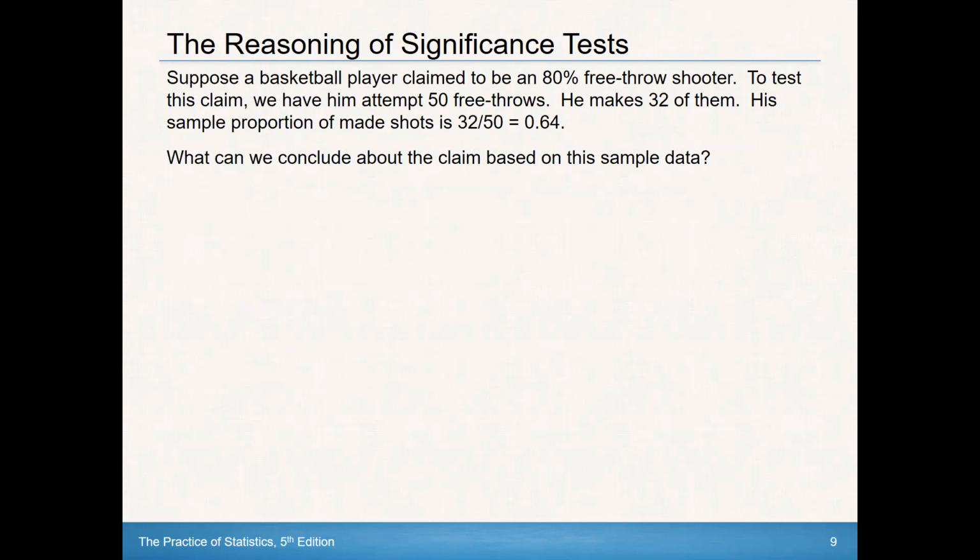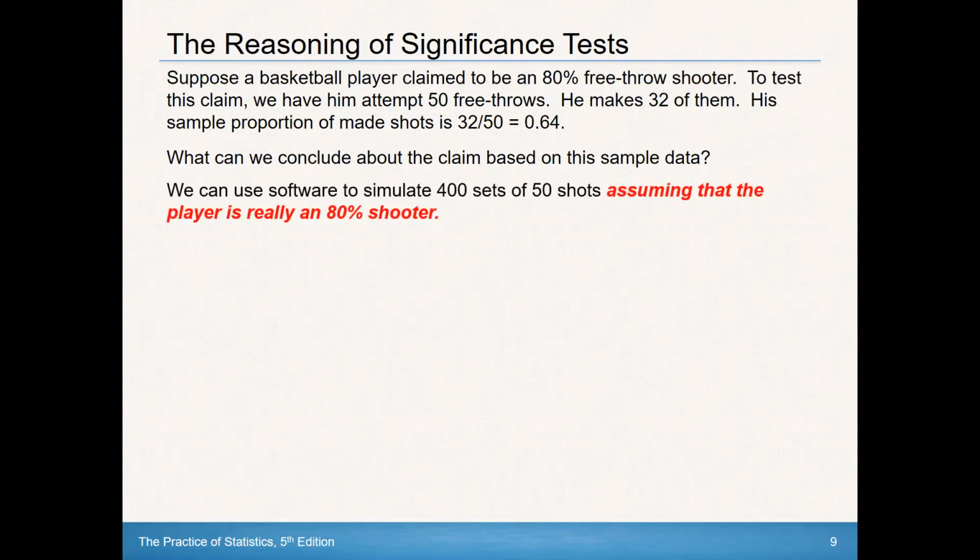What can we conclude about the claim based on this sample data? And this is where the textbook does a good job, and it mirrors a lot of what we've done before. Remember how lots of times we go ahead and simulate something. So what we will do very quickly to see, well, how unlikely is that 64% result if they're really an 80% shooter?